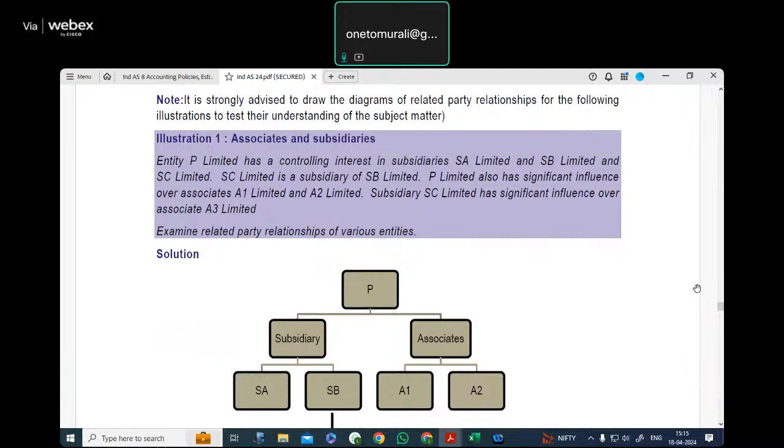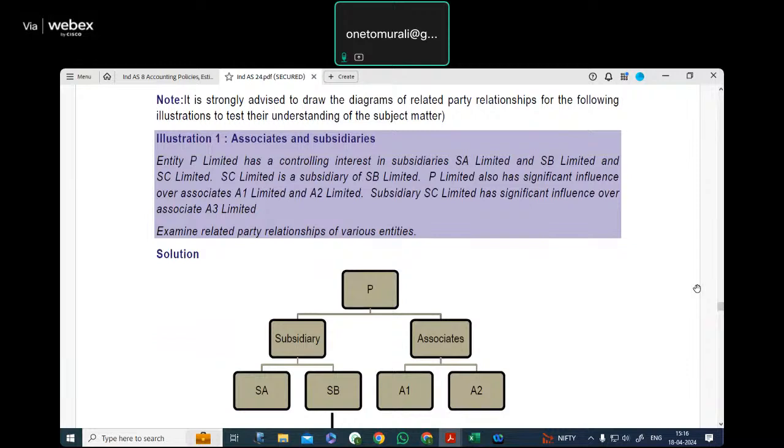Entity P Limited has a controlling interest in subsidiaries SA, SB Limited and SC Limited. SC Limited is a subsidiary of subsidiary SB Limited, so that means a sub-subsidiary, and P Limited also has significant influence over A1 and A2. Subsidiary SC Limited has significant influence over A3 Limited.